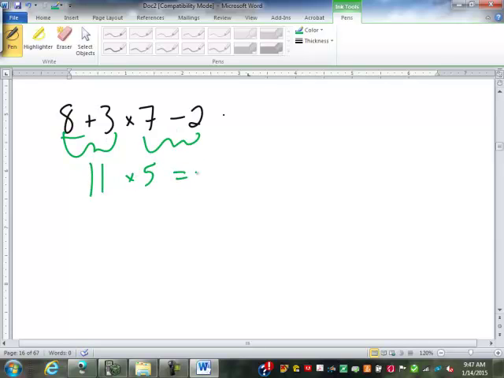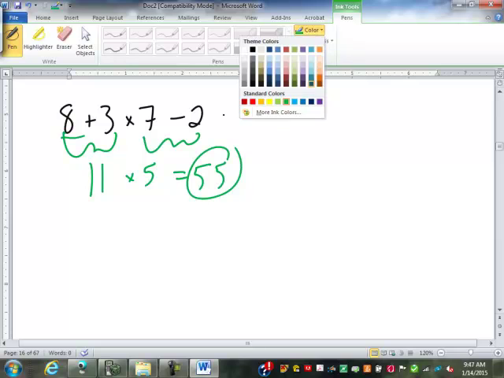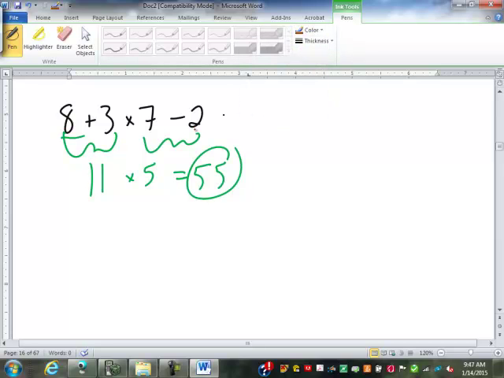And 11 times 5 is 55. And that makes perfect sense. The only problem is that's not the right answer. In math, when two people do the same problem, we'd like to have them get the same answer. To make that happen, what we do is we define something called the order of operations.